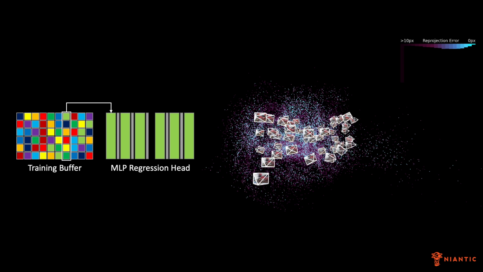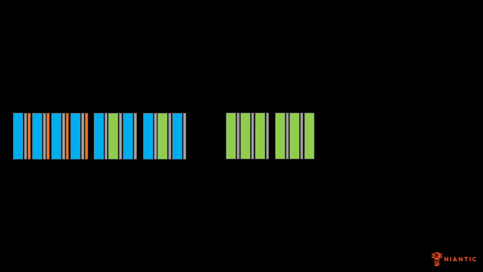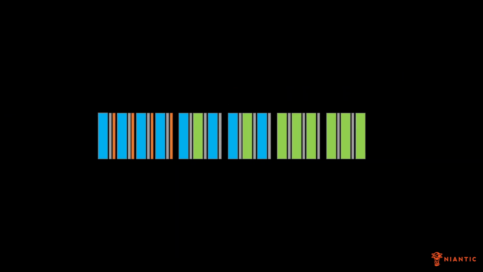We optimize over hundreds or thousands of images at once, which makes optimization extremely stable, and we can use very high learning rates. For relocalization, nothing has changed. We combine the trained regression head with the pre-trained feature backbone. Given a query image, we predict scene coordinates and use RANSAC and PnP to estimate the pose.